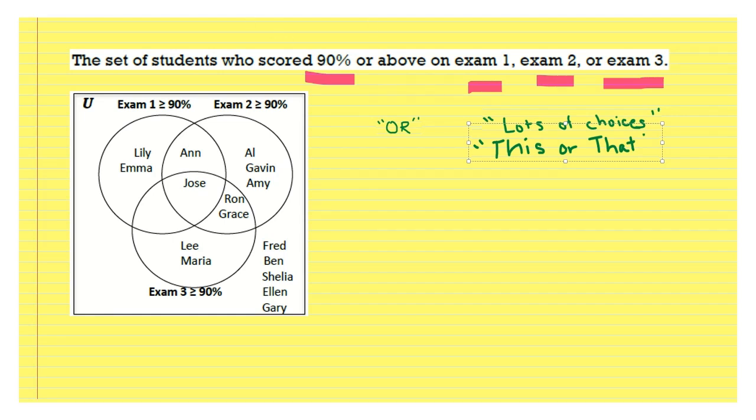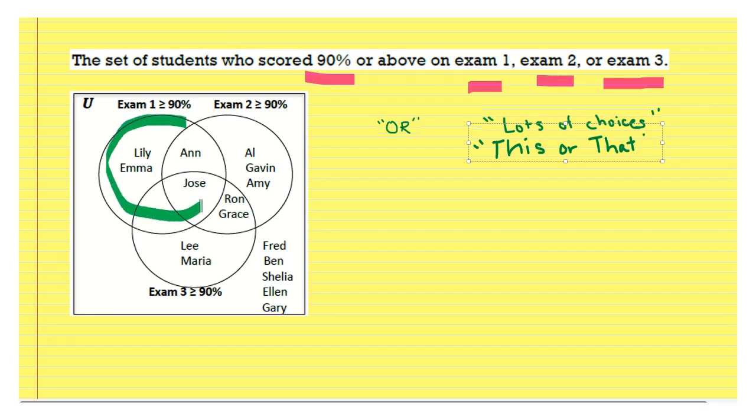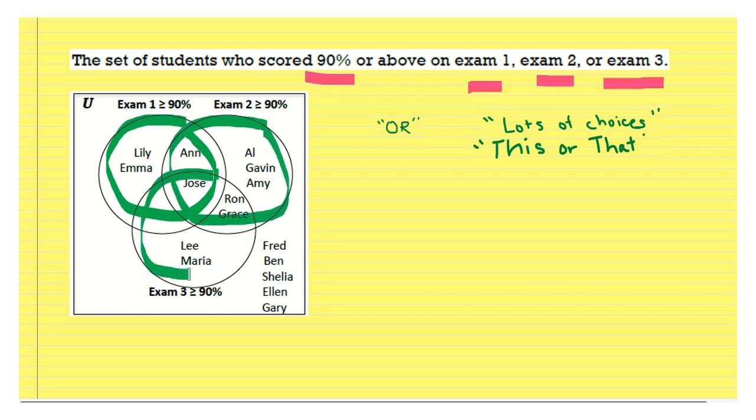So, who scored above 90%? Okay, so here's the ones that scored above 90% on exam 1. These are the ones that scored higher on exam 2, and these are the ones that scored higher than 90% on exam 3. So basically, we have lots of choices.